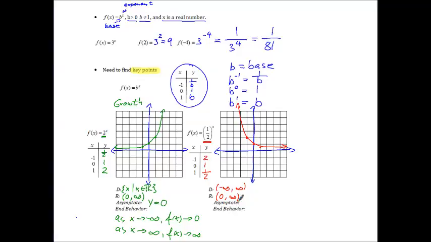We do again have an asymptote, and the asymptote is at y is equal to 0. And our end behavior, as x goes to negative infinity, f of x goes to infinity, and as x goes to infinity, f of x goes to 0.